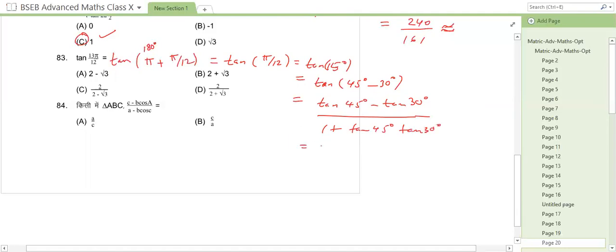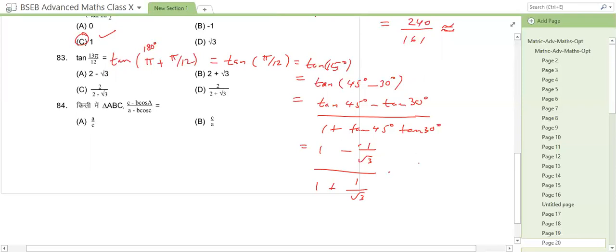Tan 45 is 1, tan of 30 degrees is 1 over root 3, divided by 1 plus 1 over root 3.